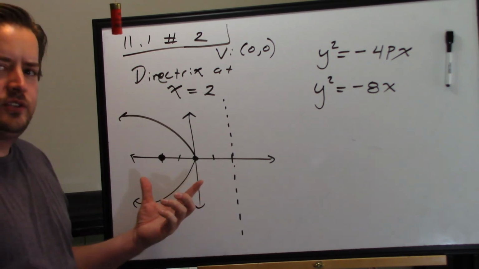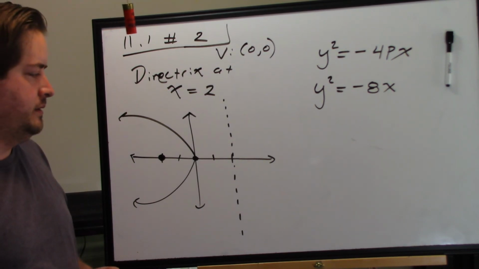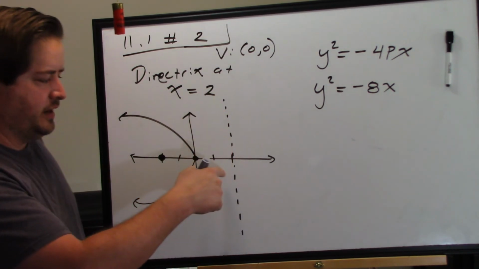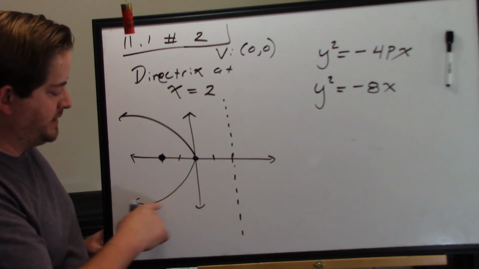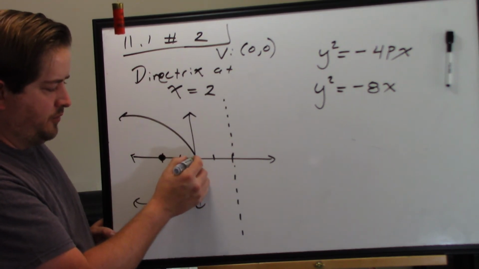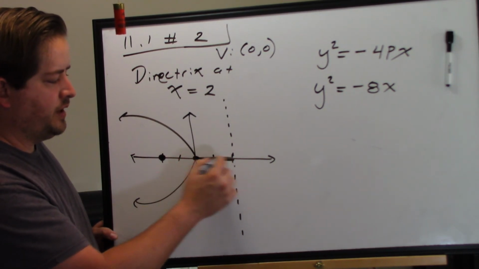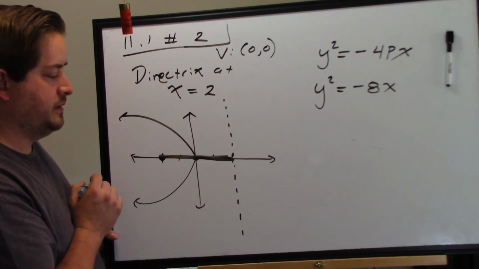And the directrix is really one of the building pieces of a parabola, right? The directrix is a line from which all of the points on the parabola are equally distant as they are from the focus. So the vertex here is 2 units away from the directrix. It's 2 units away from the focus, right?